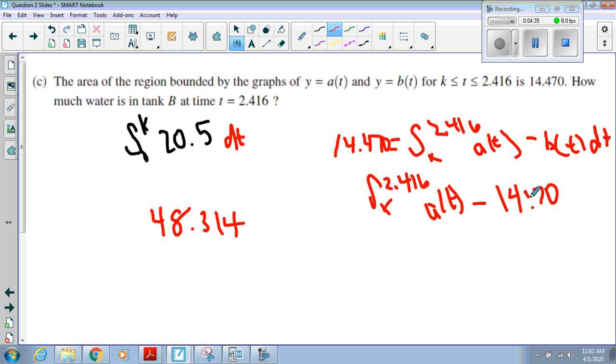Oh, 470, sorry. Right, that's what we typed into our calculators to get these two answers. So when we got this answer, we then added them together.